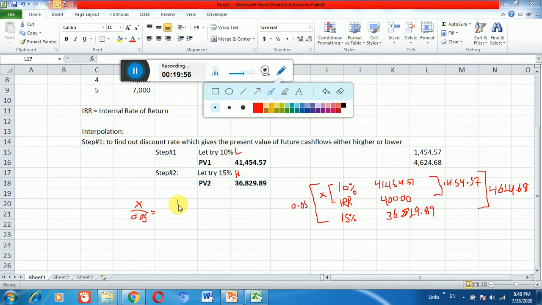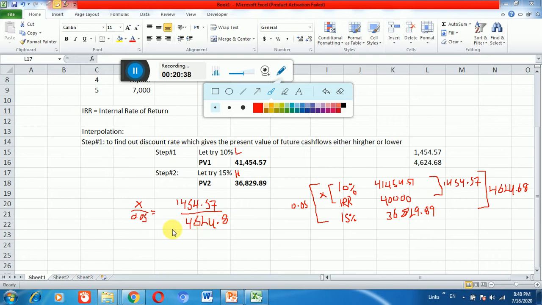divided by this value, 4624.68. Okay, dear students, look here.